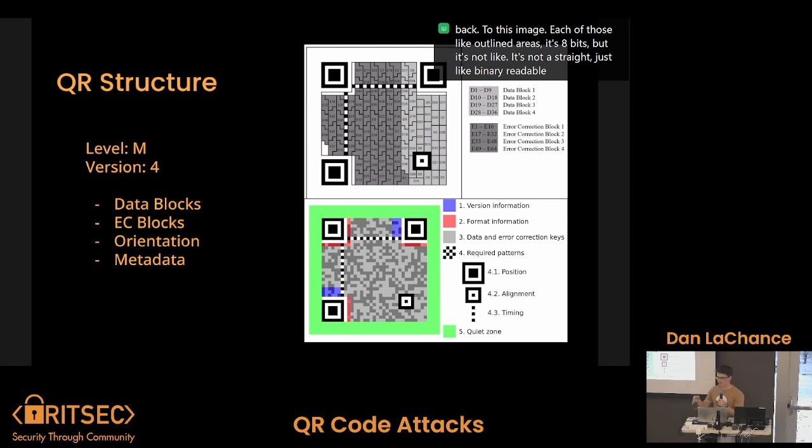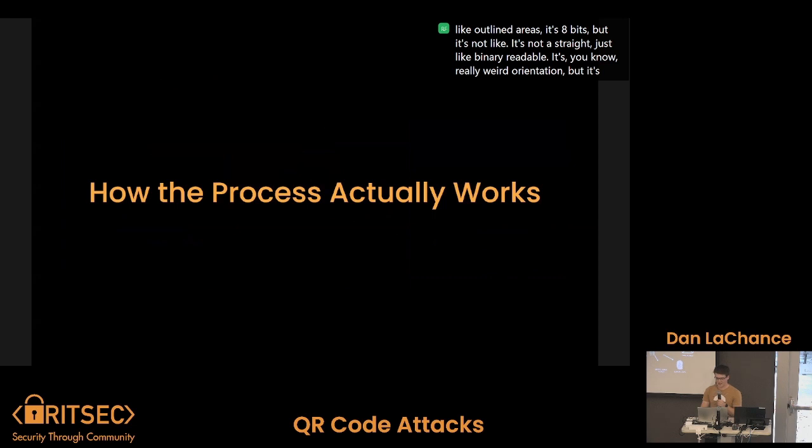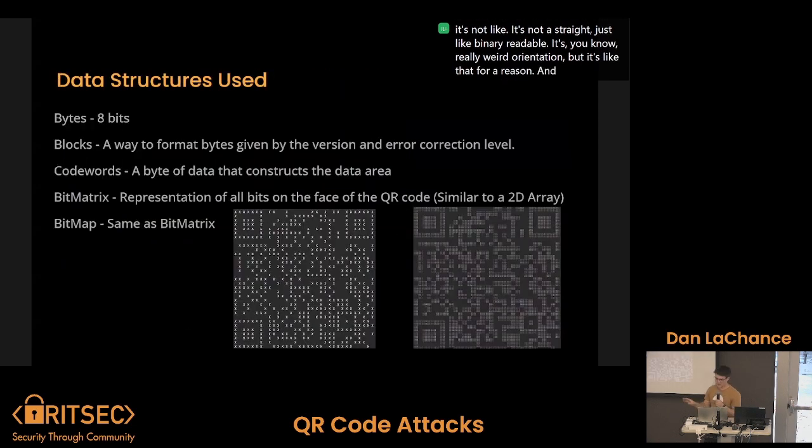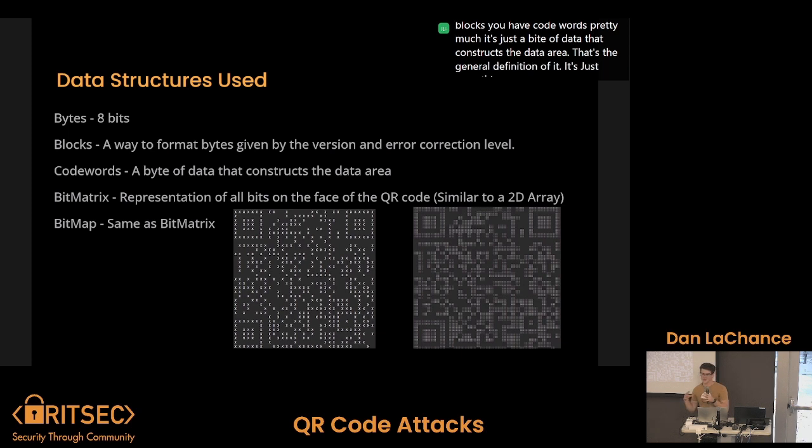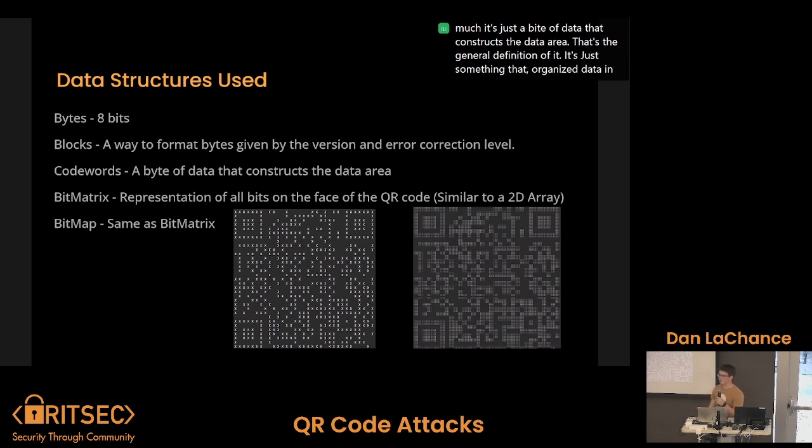It's in a really weird orientation, but it's like that for a reason. It's not really important right now, but going up from the blocks, you have code words. Pretty much it's just a byte of data that constructs the data area. That's the general definition of it. It's used to organize data in order to make it into a bit matrix.